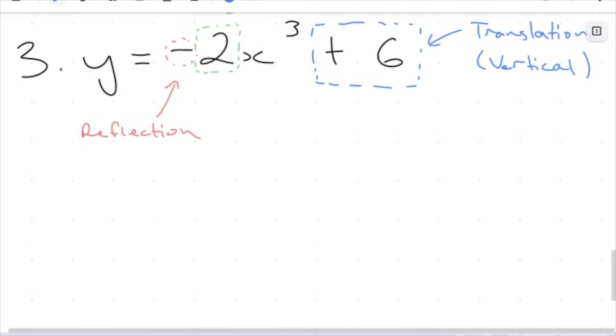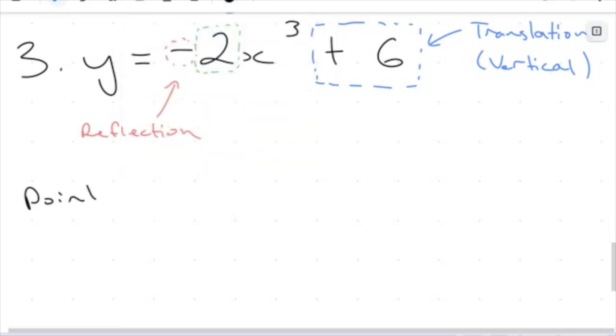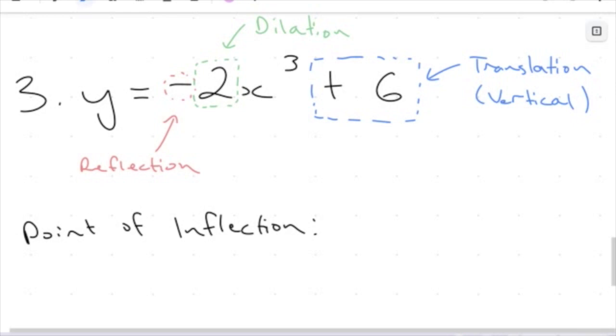So let's first look at what happens to the point of inflection. It's not moving left or right. So the original one, if this was y equals x cubed, this would be at the origin. Now, since there's no horizontal translation, the x value is still going to be 0. But here, because we're adding 6, everything is getting shifted up 6 units.